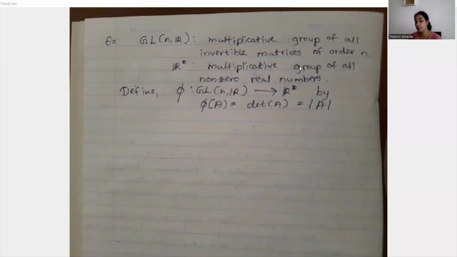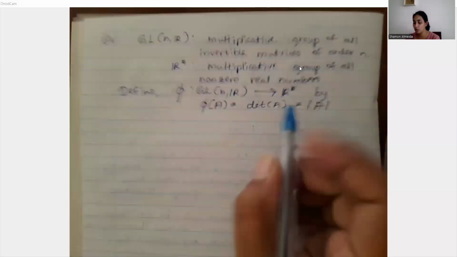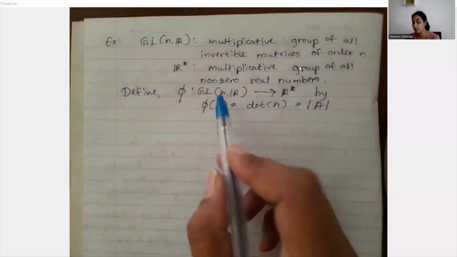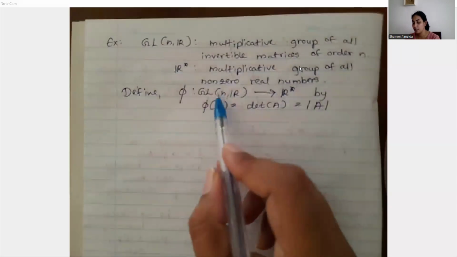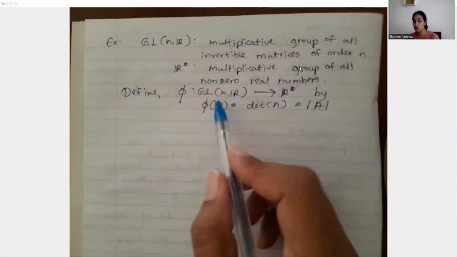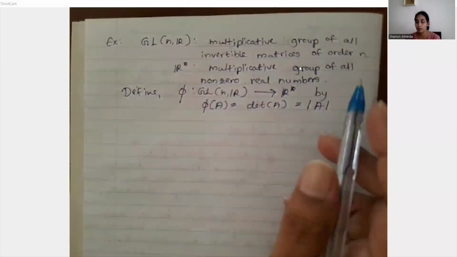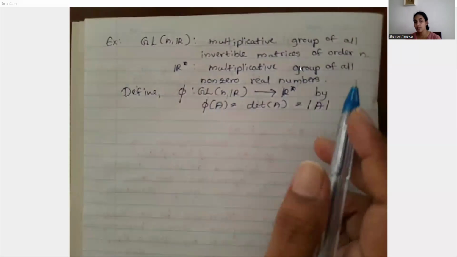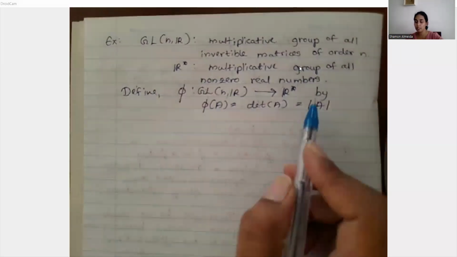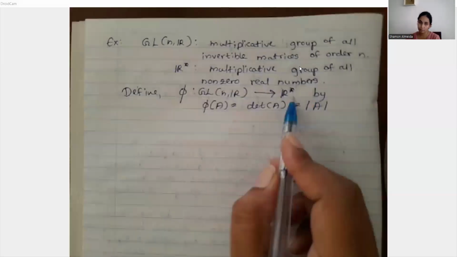So none of them will have the determinant to be zero. So it's a well-defined function. There is no zero in this set, right? None of the matrices in this group will have zero determinant, right? It will either be a positive real number or a negative real number. We take the matrix and map it to its corresponding determinant over here, right?